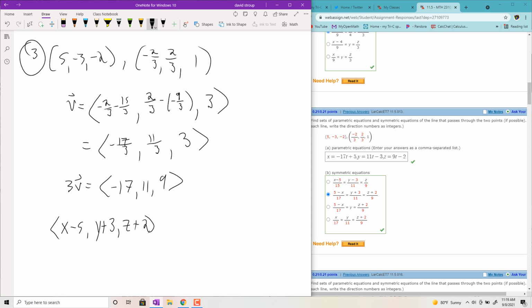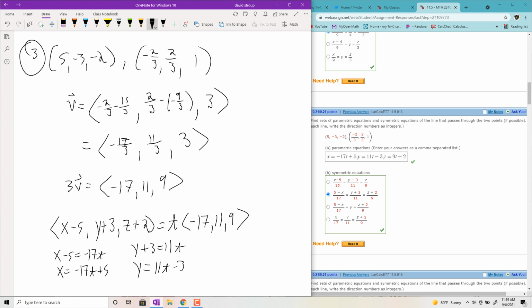That vector has to be parallel, in other words, a constant multiple of this directional vector. And so I can equate the components here. x minus 5 is -17t, so x is -17t plus 5. y plus 3 is 11t, so y equals 11t minus 3. And then z plus 2 equals 9t, so z is 9t minus 2.